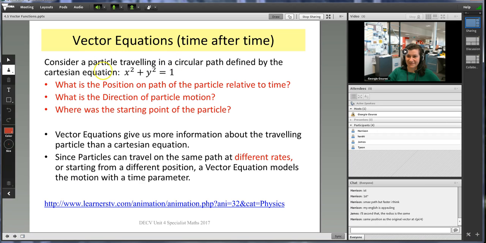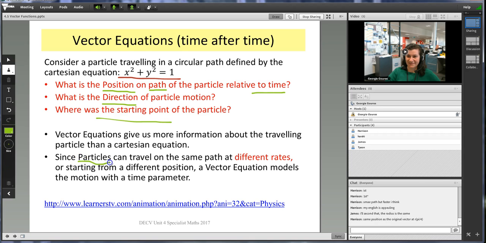Okay, so if we're given that a particle travels on this path, just the circular equation, we don't know the position on the path at any time. We don't know the direction, and we don't know the starting point. So just a Cartesian equation defining the path is not enough to have all these other bits of information.